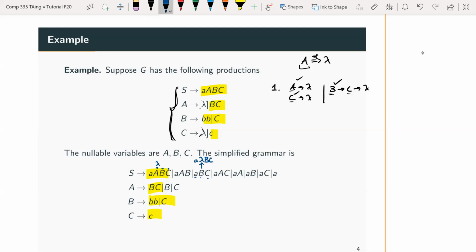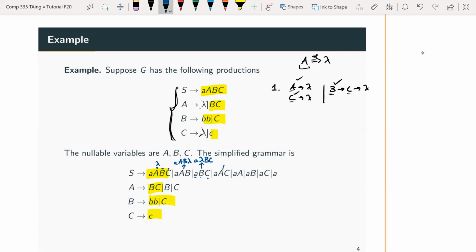Or I can replace C with lambda. That's A, B, lambda. So essentially I'm just doing all of the possible combinations of replacing a variable by lambda or not. It's kind of like you're doing all the possible subsets.